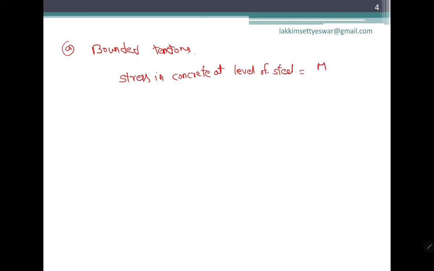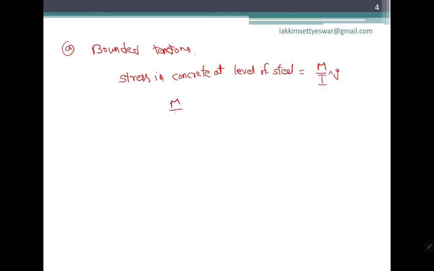Next, part A, bonded tendons. The stress in concrete at the level of steel is M divided by I into y.